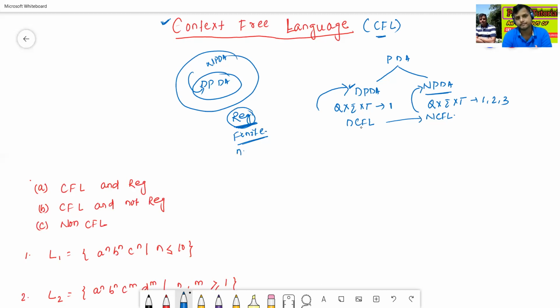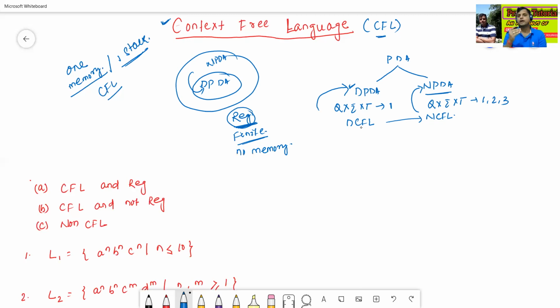If no memory is required, the language is called regular language. If one memory, or one stack, is required, this is called context-free language.